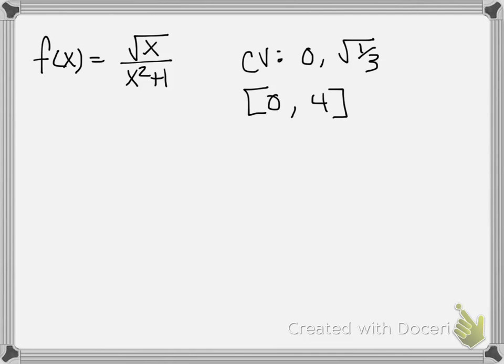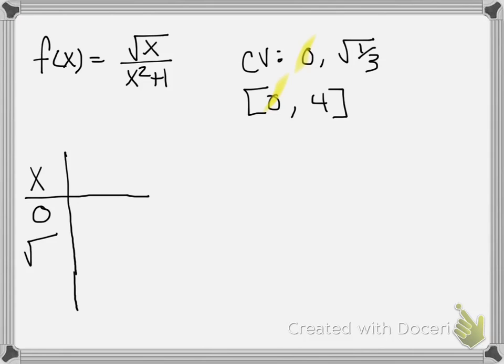All right, so basically all you need to do to find the maximum and minimum is say x, and we plug in the values that we have for x. Since our interval is from 0 to 4, 0 is going to be one of our endpoints, and it was also a critical value, so we can check that one off.